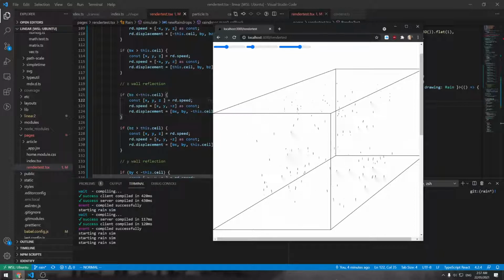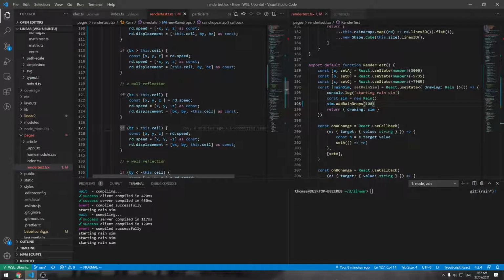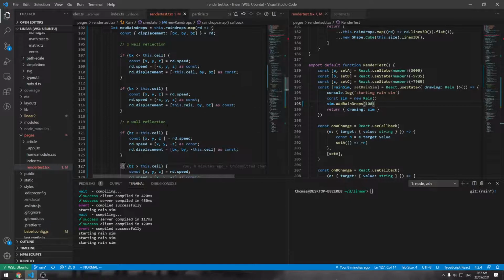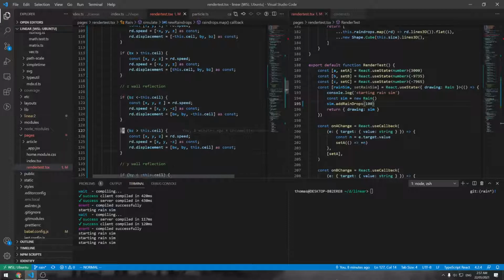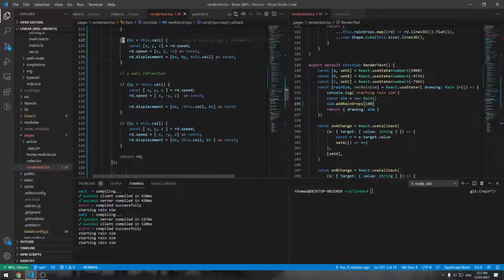Let's play around with this a bit more. I thought I'd show some of the things that you can do here. Each of these is calculating when a particle has hit a wall, and then it reflects it off that wall.